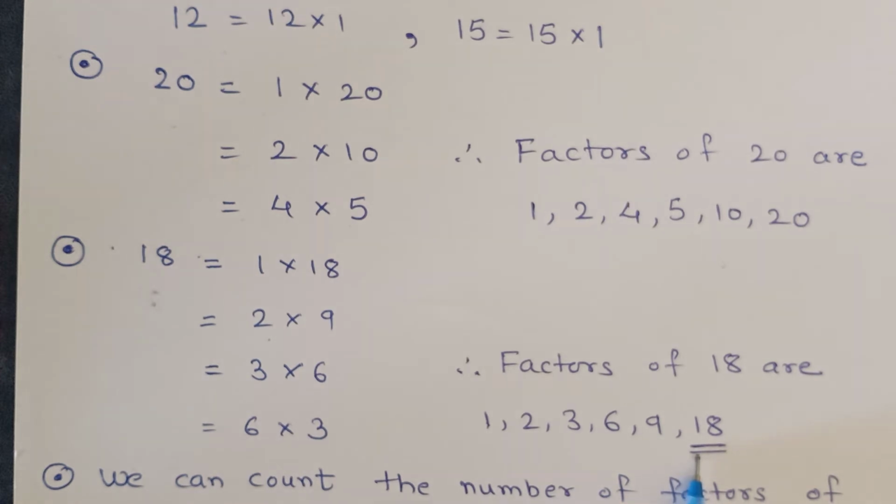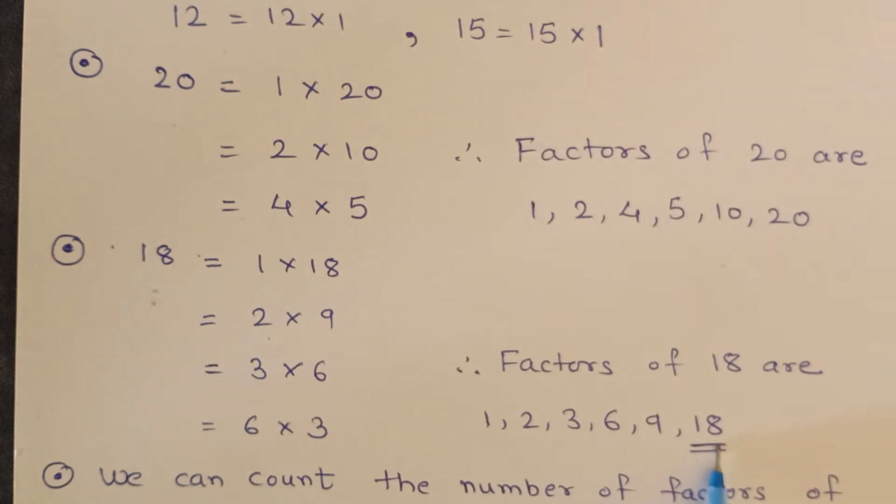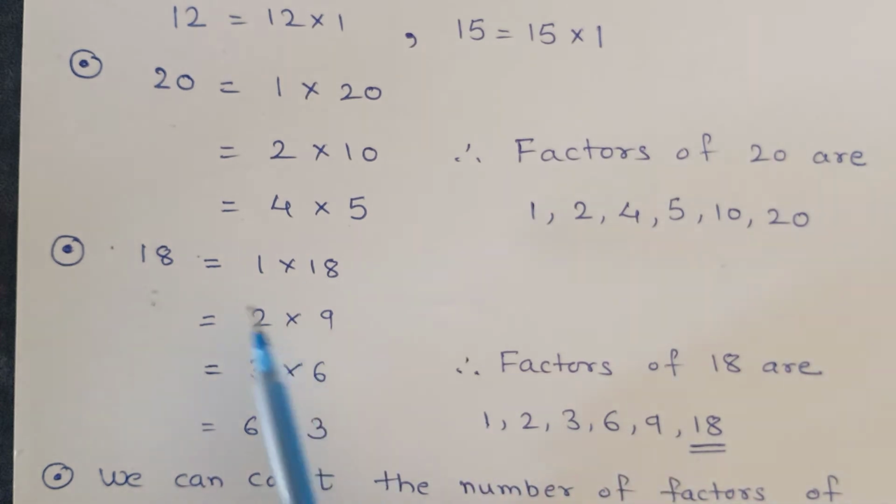What our property says is that all these factors are less than or equal to the given number. Our given number is 18 and all its factors up to 9 are less than 18, and 18 is equal to 18.